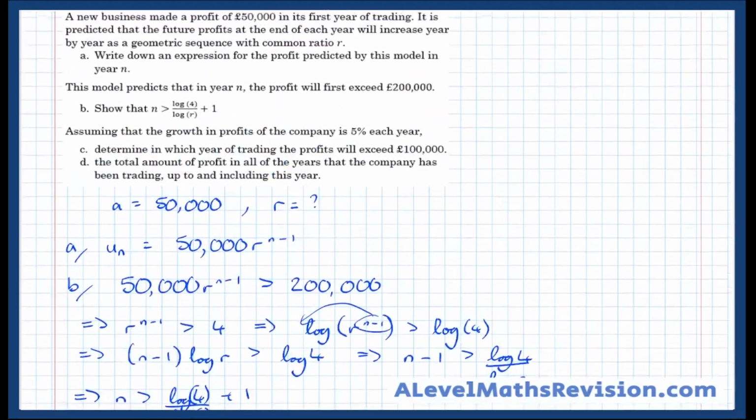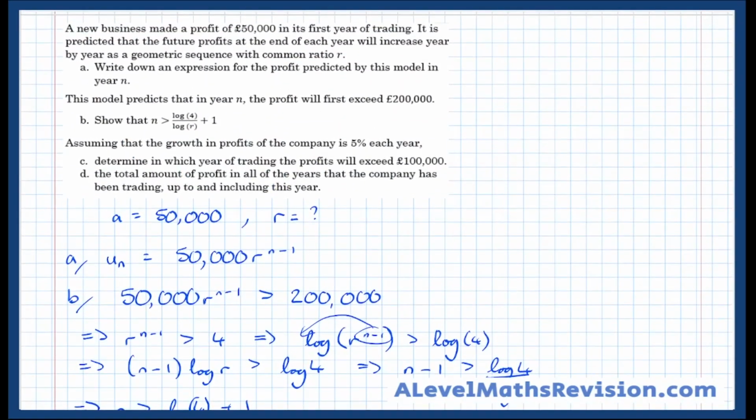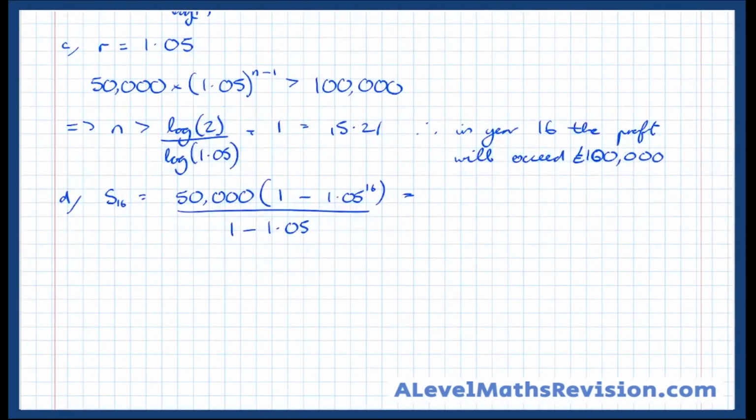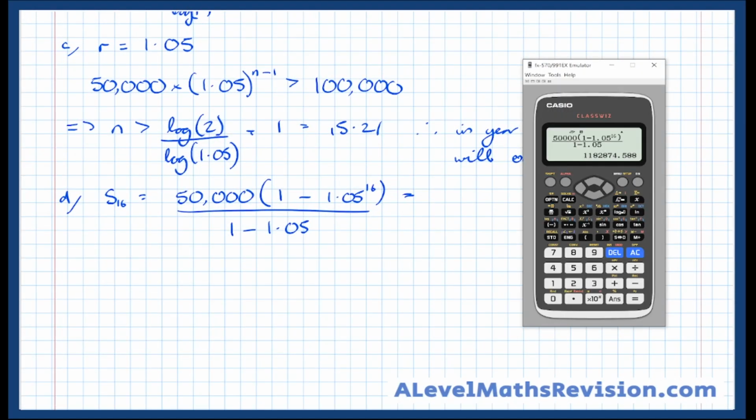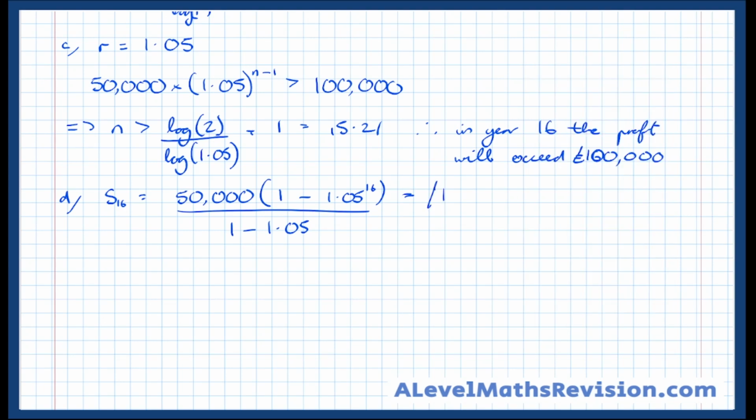Did it ask for it to any degree of precision? No, so let's write the exact number out to the nearest penny. 1182874 and 59 pence. £1,182,874 and 59 pence. And because it was an in context question, the answer should also be in context.